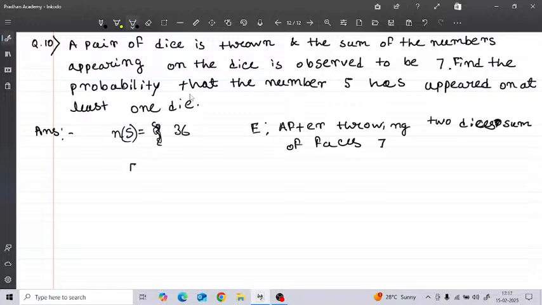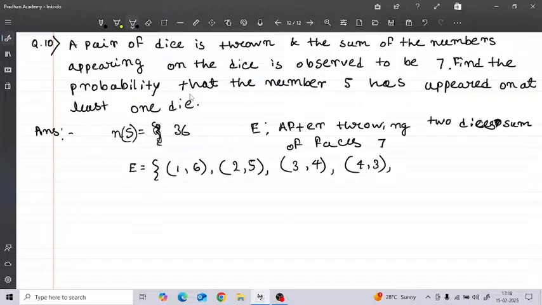So my event consists of the pairs 1 6, 2 5, 3 4, and the reverse of them, 4 3, 5 2, and 6 1. That's my event.